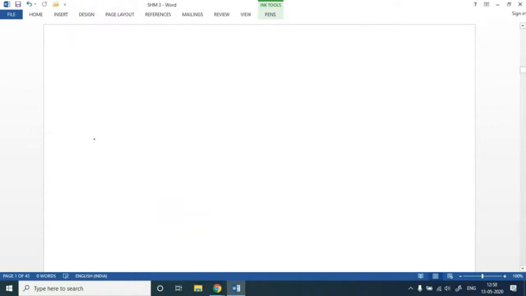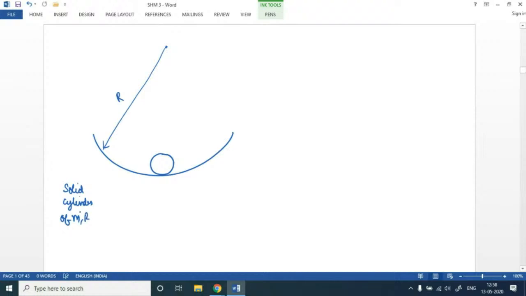Let's say we have a curved surface with radius of curvature, say, capital R, and here we have kept a solid cylinder of mass m and radius r. This surface is also a cylindrical curve.